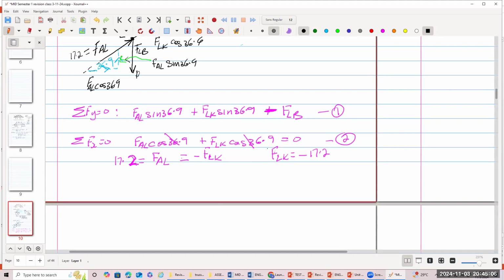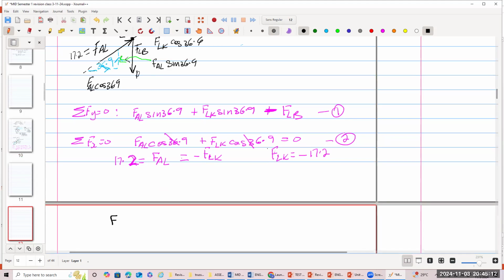All right. So the black here now is so we can substitute. We're going to go back with the first one. So it's FAL sine 36.9 plus FLK sine 36.9 minus FLB.